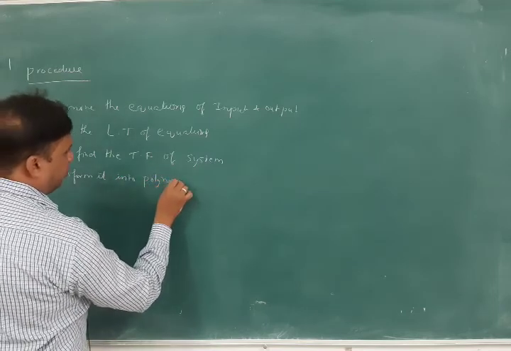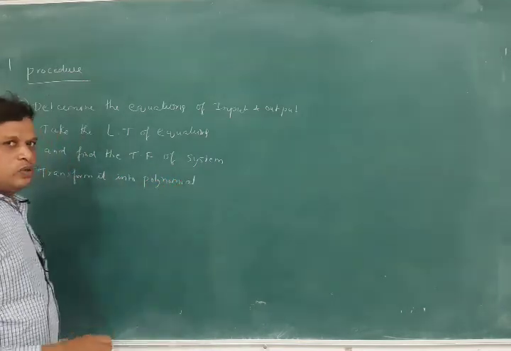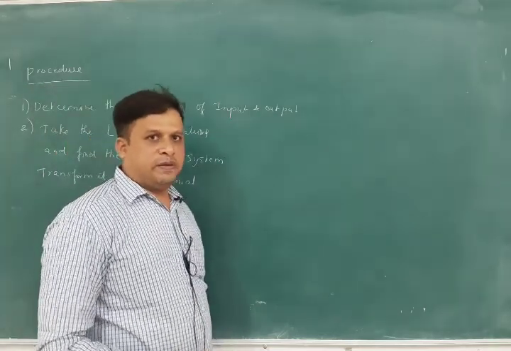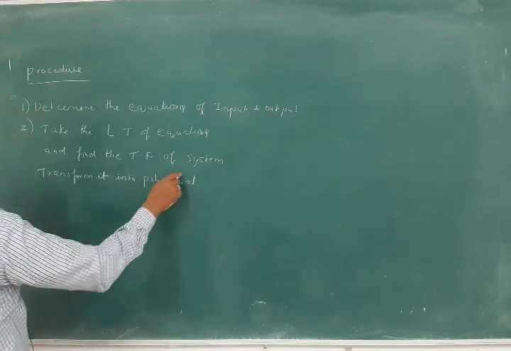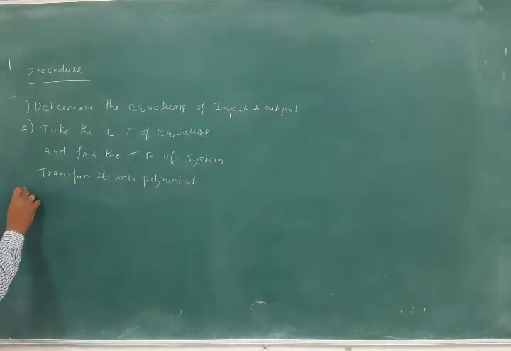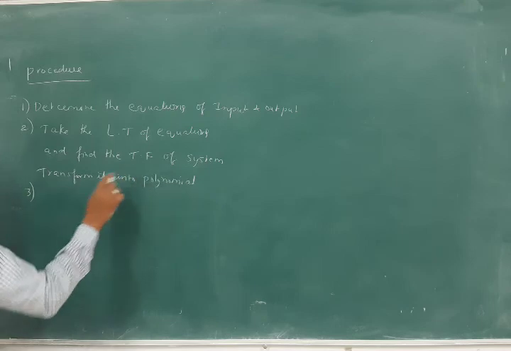So what is a polynomial? You already know, for example s square plus 2s plus 3 is a polynomial. We learned in mathematics what a polynomial is.